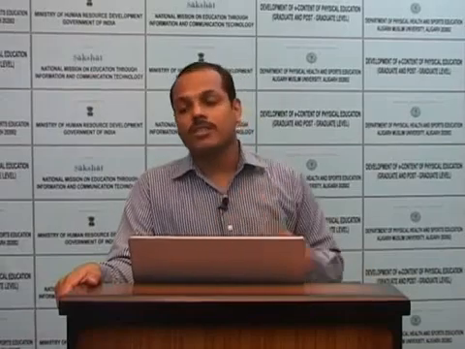So, the iliacus muscle originates from the iliac fossa and is inserted to the lesser trochanter of the femur, and its action is flexion and lateral rotation of the thigh and flexion of the trunk if the pelvis is over the thigh. These are the chief flexors of the hip joint, and its nerve supply is from the femoral nerve.